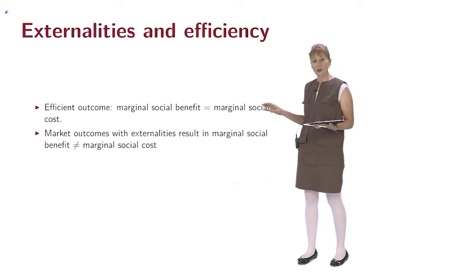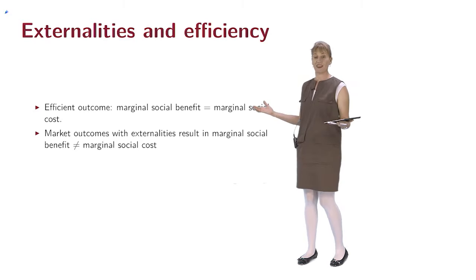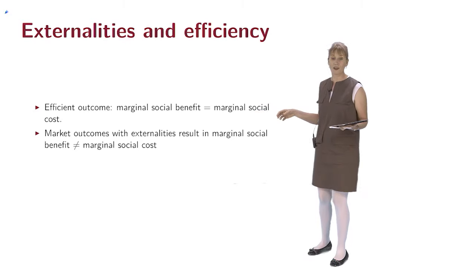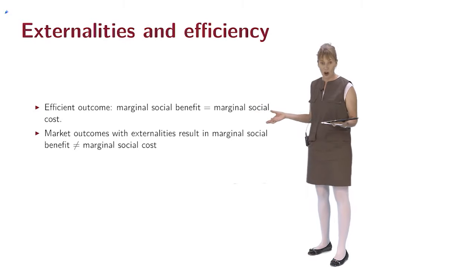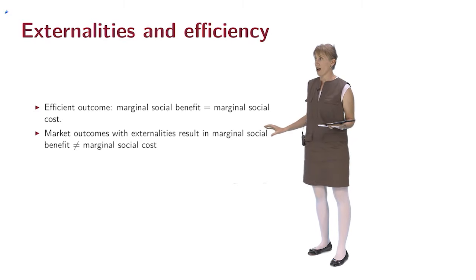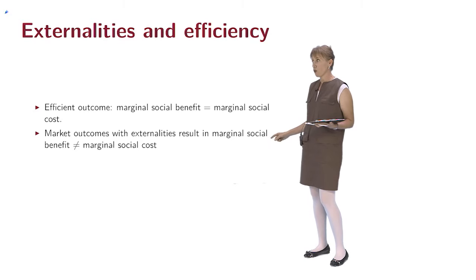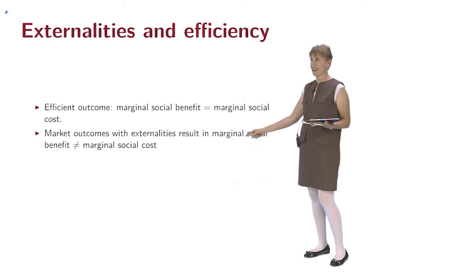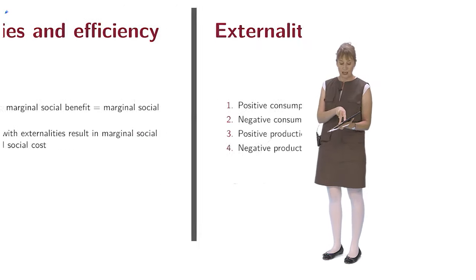An efficient outcome occurs when marginal social benefits for everyone are equal to marginal social costs. Now, if we leave the market to operate on its own in the presence of an externality, we're going to get an outcome that's different than that, that's inefficient.